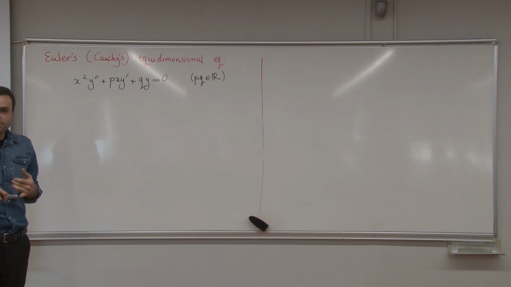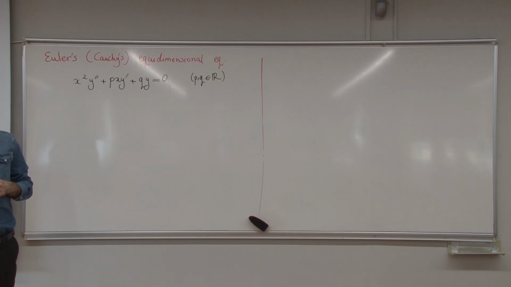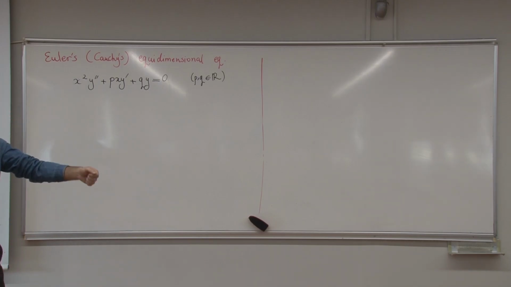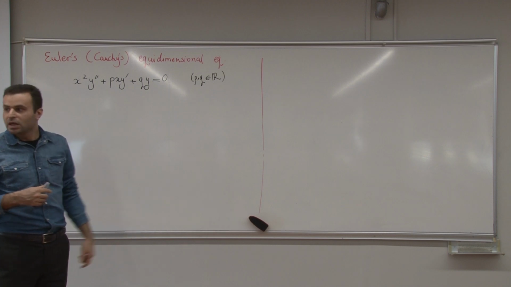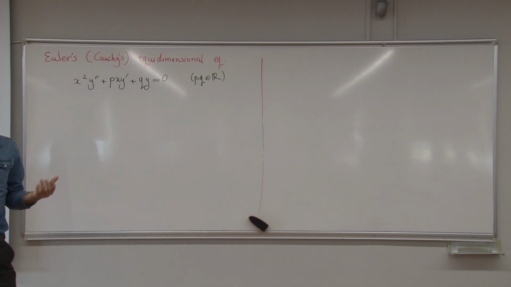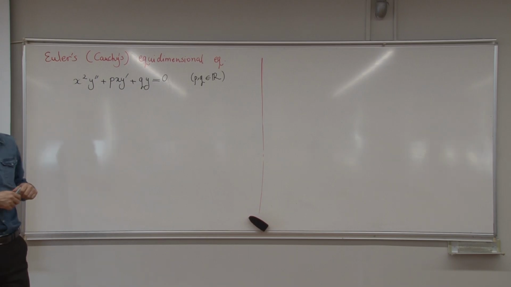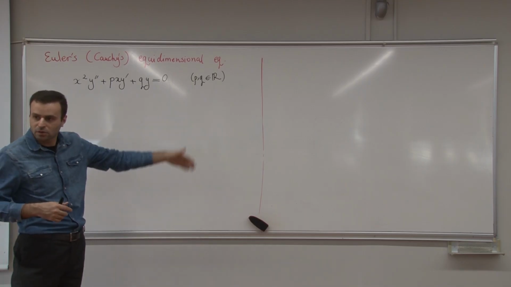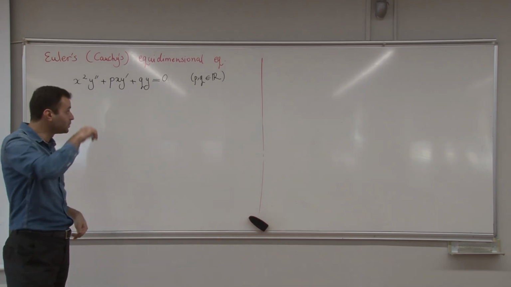If we can guess only one solution, then we try to find another solution as well by calculating that V. If we do not know how to guess a solution, then we need to study some special cases of equations. The first special case was the second order differential equation with constant coefficients. And we have been able to derive what was the type of the solutions and so on.